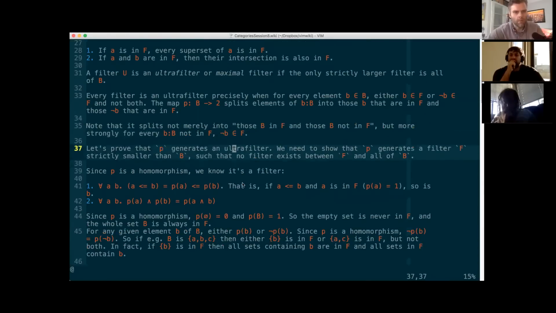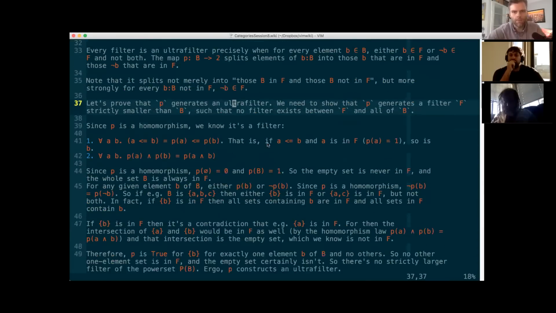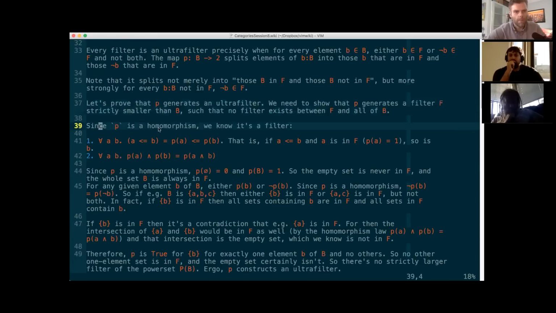Okay, so we can prove that P generates an ultrafilter. So all we need to do is to show that P generates some filter, which is strictly smaller than the whole set B, such that no filter exists between F and all of B. So since we know that P is a homomorphism among Boolean algebras, we know that it preserves some relationships.